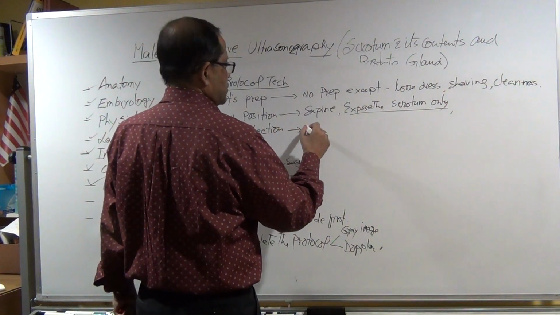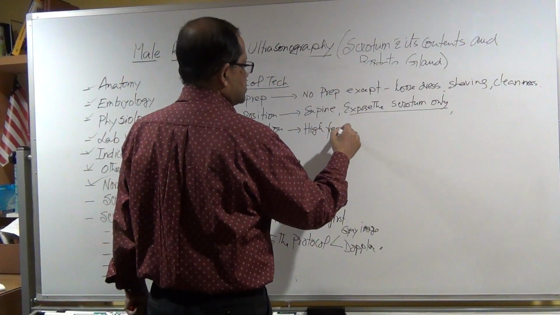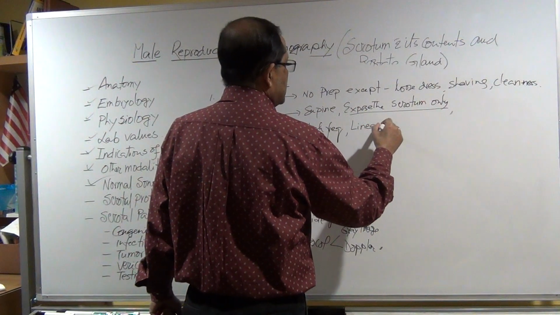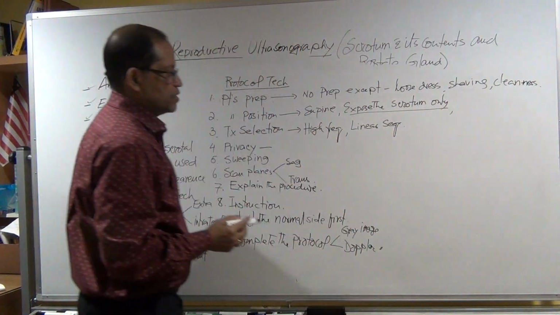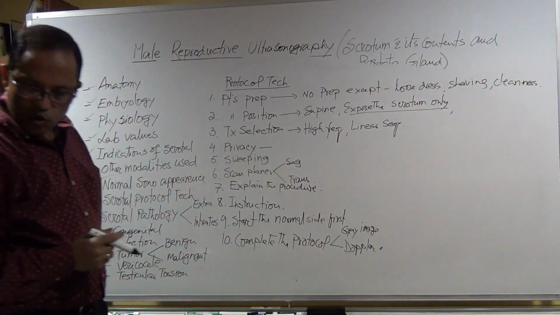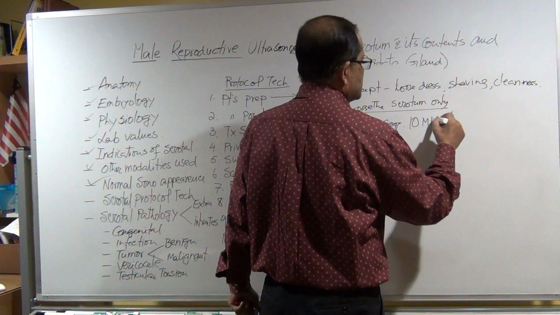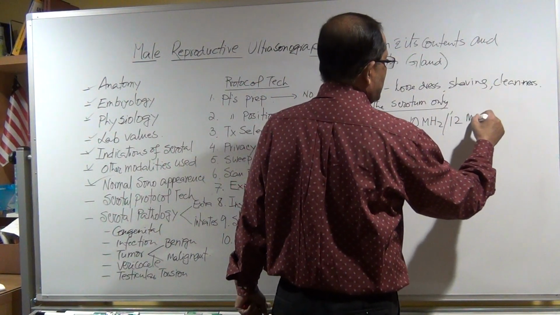Transducer selection: high frequency linear sequential transducer. Normally we scan at 10 megahertz. Some places use 12 megahertz.